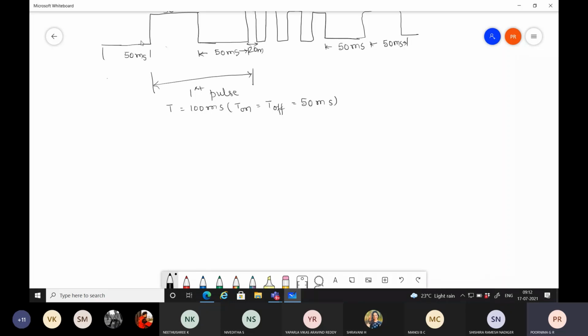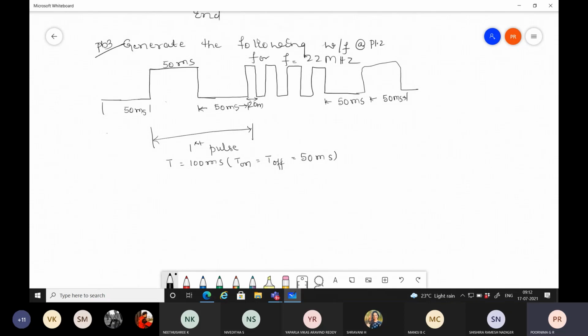The value is to be sent to port 1.2, and we go for the timer to program this.